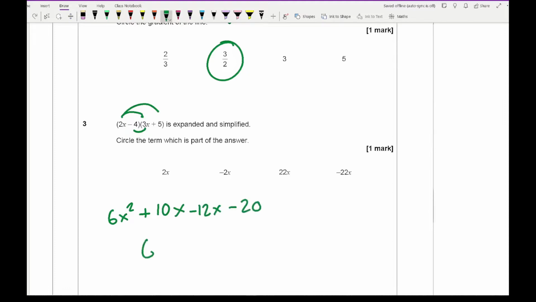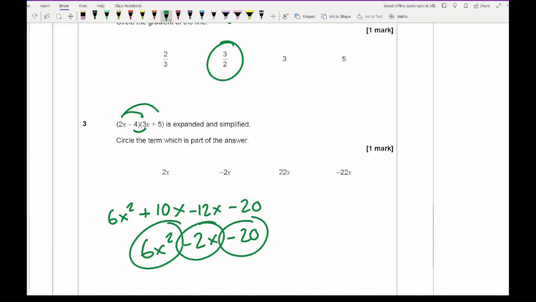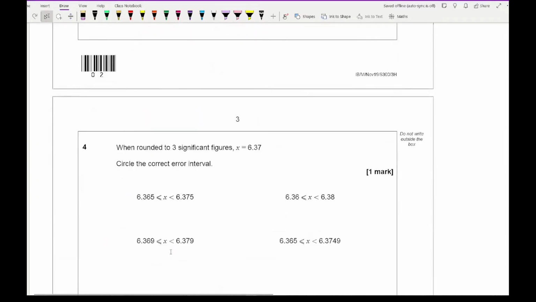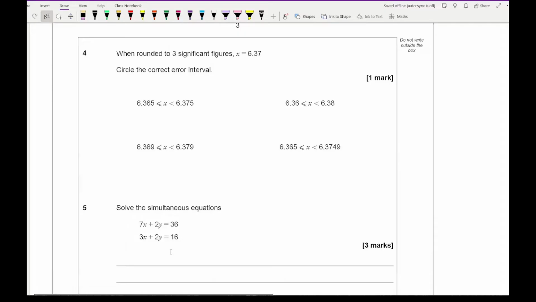So simplifying this, we get 6x squared minus 2x minus 20, and the only one of those three options that we've got is the second option, which is minus 2x.